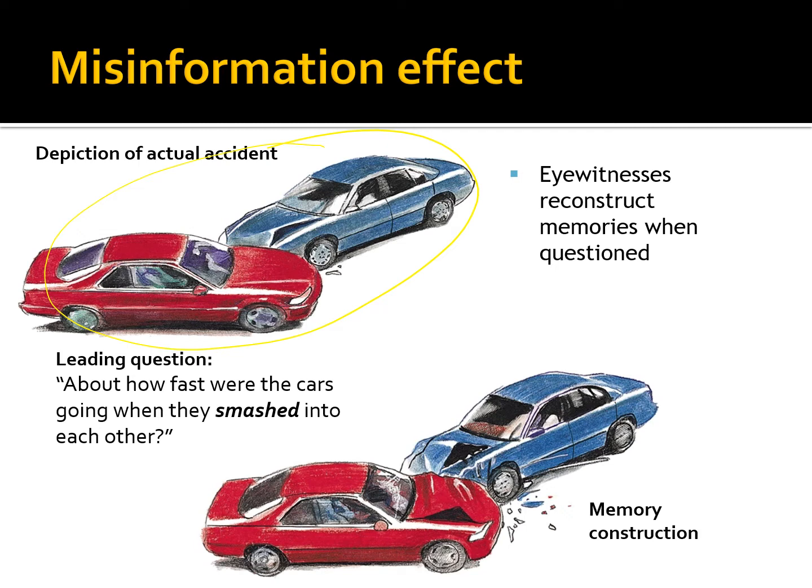But when they asked the leading question, like, "Did you see the cars smash into each other?" this is what the people thought happened. So just by using different wording, kind of like priming, that can mess with your mind a little bit, and you get misinformation. Smash makes people think it was a worse accident than it actually was.